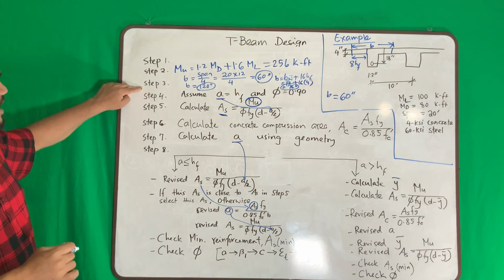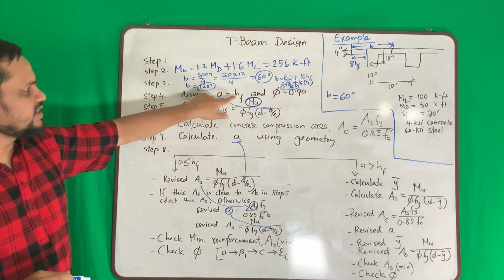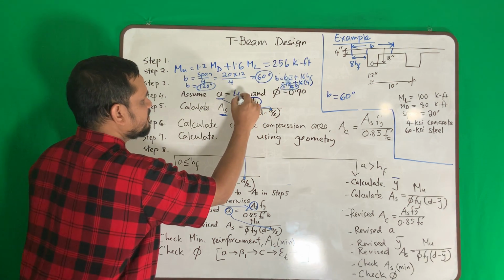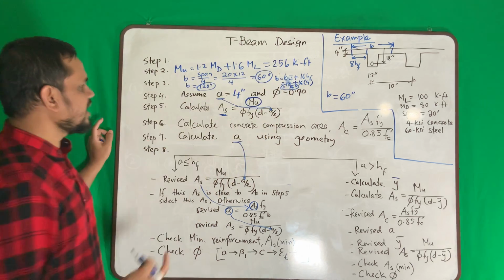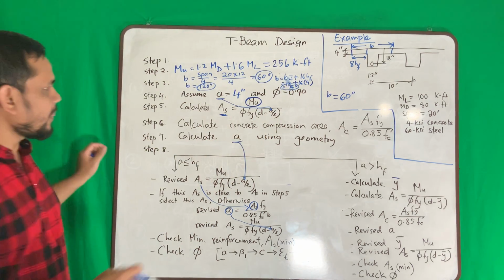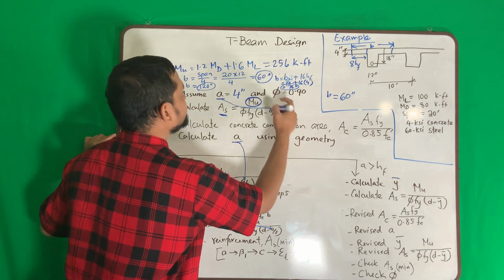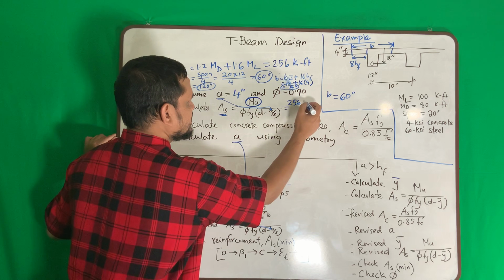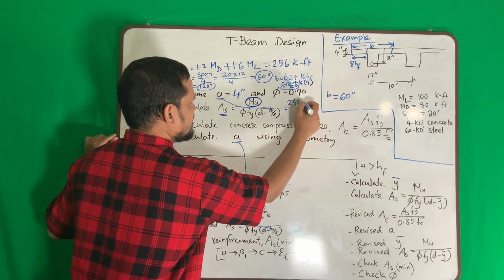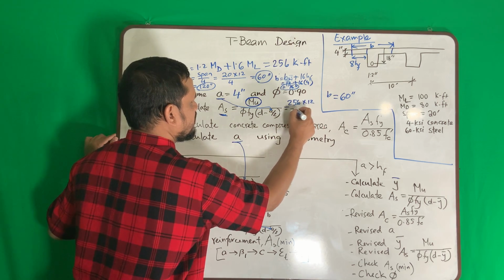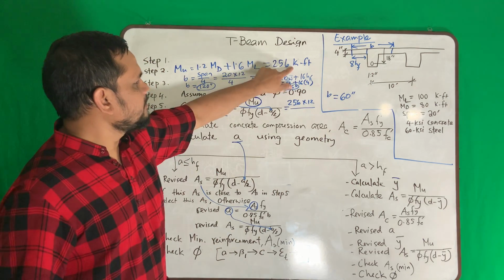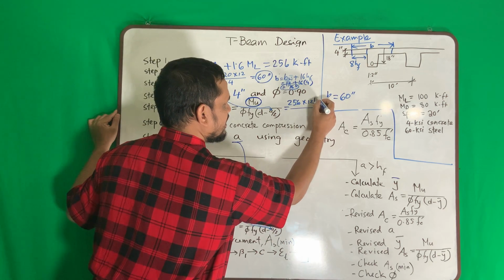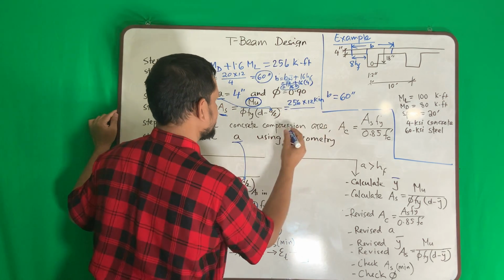So step number 3 is done. Step number 4, assume a is hf. That means we will assume a is 4 inch and phi is 0.9. Calculate As. So how to calculate? What is our moment? 256 times 12. Why times 12? It is in kip-feet. I will keep inch, so kip-inch.